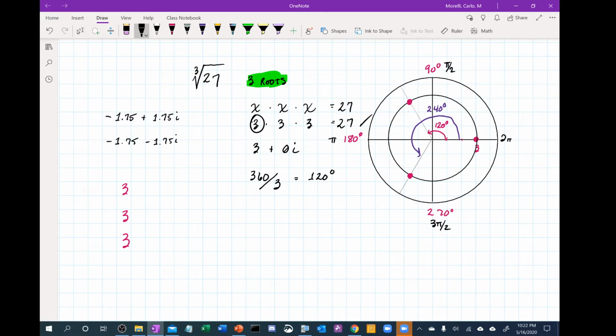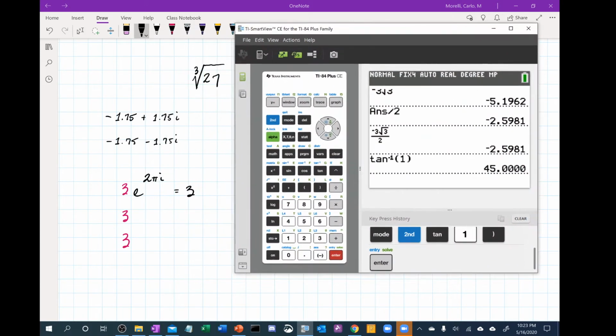Okay, so if I'm on 0, in other words, if I'm over here with this 3, I can write this in exponential form as 3e to the 2 pi i. And guys, this just equals 3. If you don't believe me, we can plug it in and check.